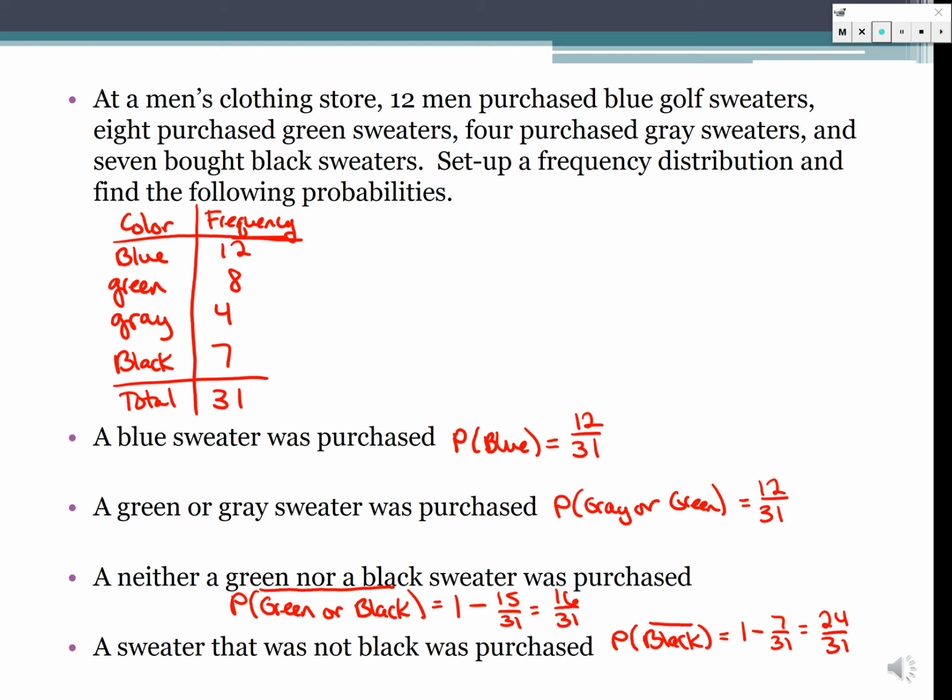So it's quicker for me to do 1 minus the probability of black than to add together all the 3 other ones. So just a couple places where you could do the complement and could make things faster.